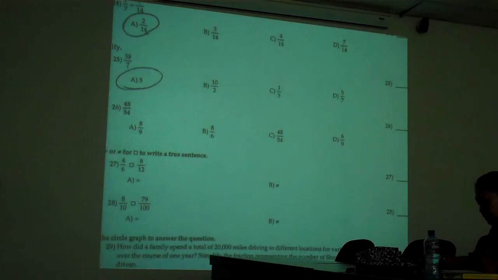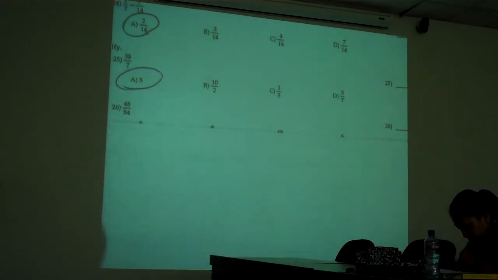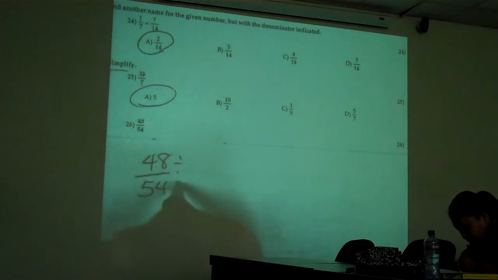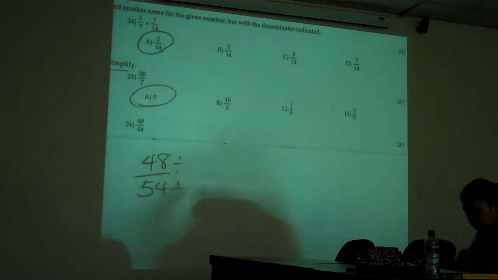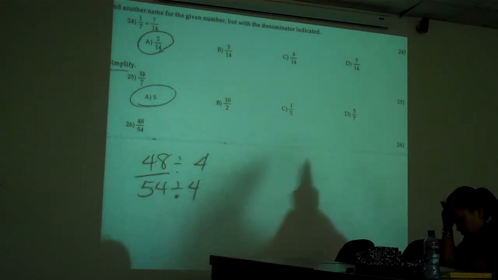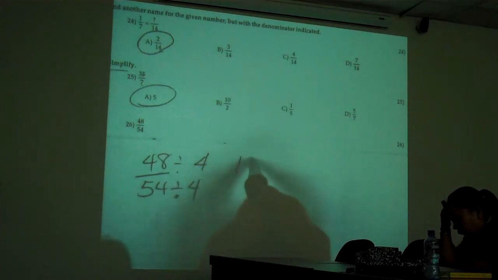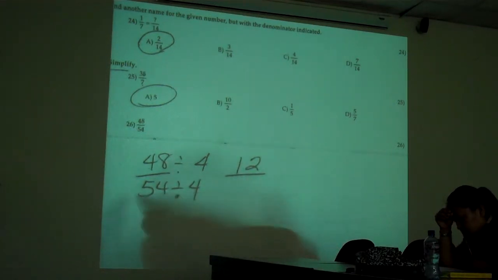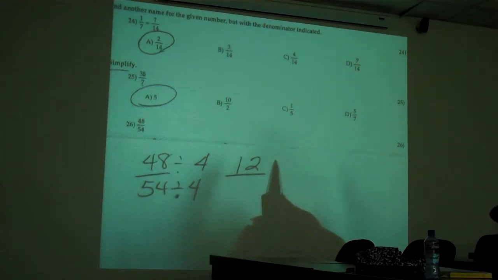Okay. 48 over 54. You need to simplify. Reduce it. What will 48 and 54 both divide by? 2. By what? 4? Let's do 4. 4 into 48 is 12. 4 into 54 won't divide by 4, will it?